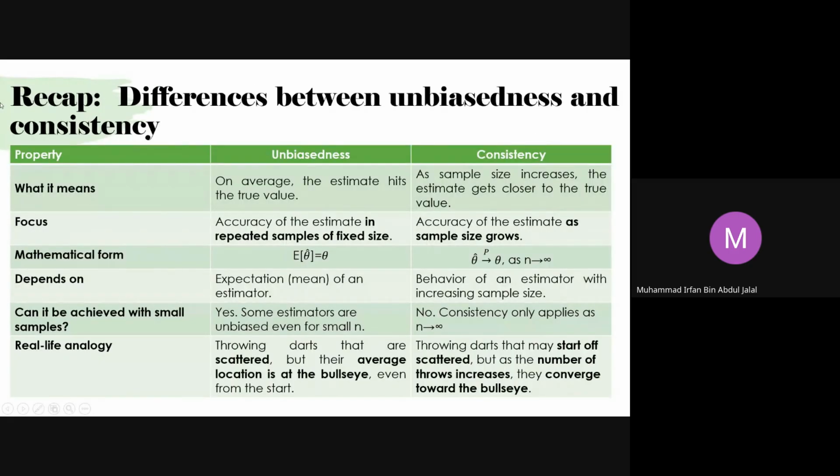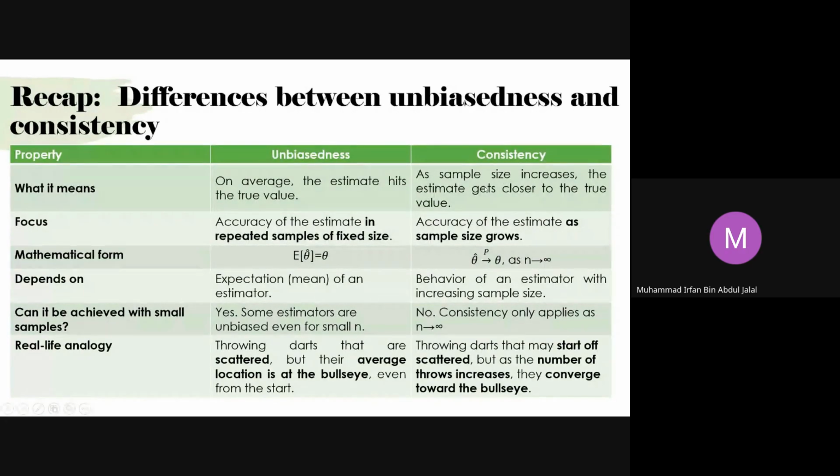Okay, so let me recap the differences between unbiasedness and consistency. Unbiasedness means that on average the estimate hits the true value while we fix the sample size. There's no bias.